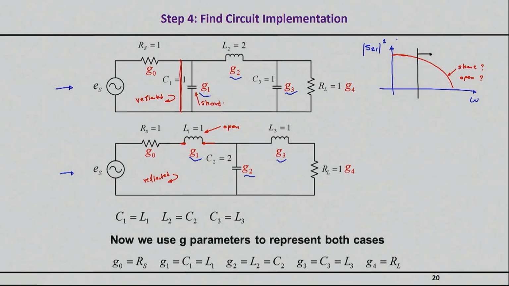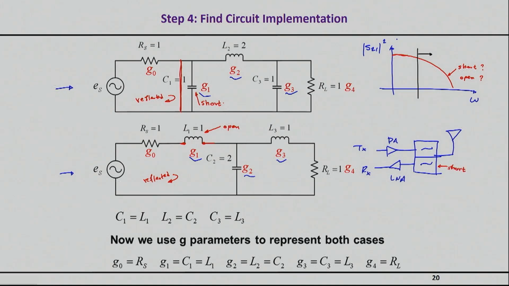For example, imagine the scenario where you have an antenna, and now you have a diplexer to separate the transmitter from the receiver. Here is going to be my PA and so on for my transmitter path, and here is my LNA for my receiver part. Clearly, I want to separate those two. So imagine that this filter here was rejecting as a short, and you were trying to transmit. I'm trying to send my signal through the antenna.